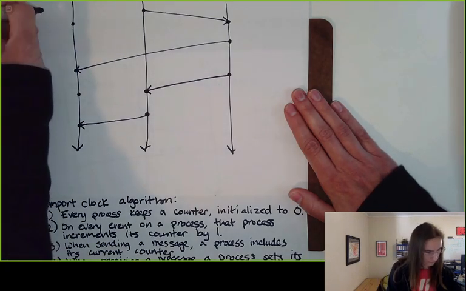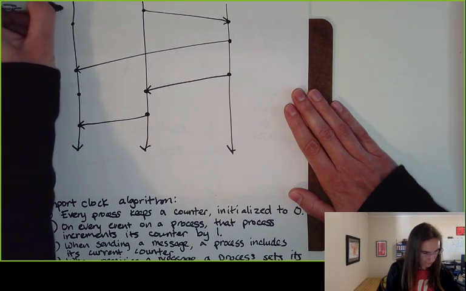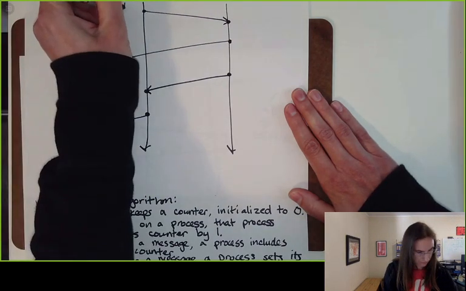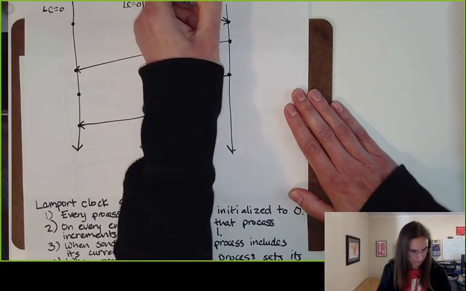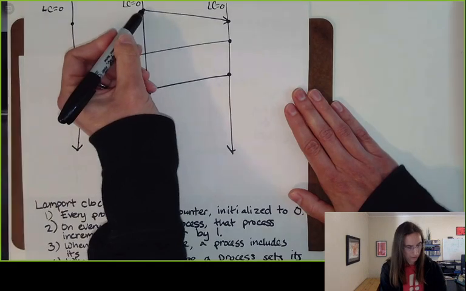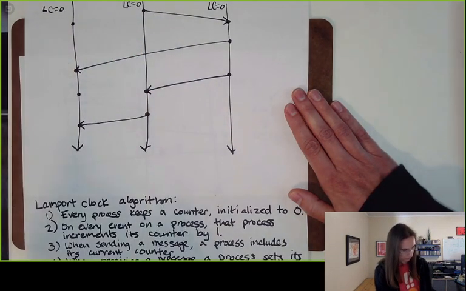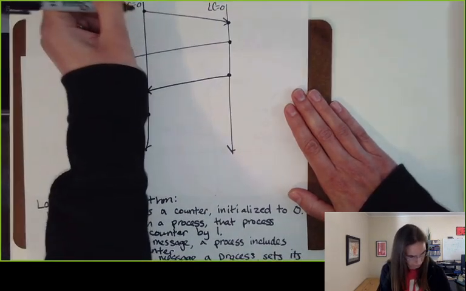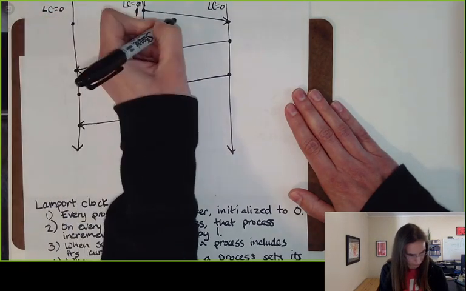Let's start trying to assign Lamport clocks to these events. This one on M1 is the first event happening on this process, so it should get an increment. That becomes 1. The Lamport clock of this event is 1, and then that gets sent along.